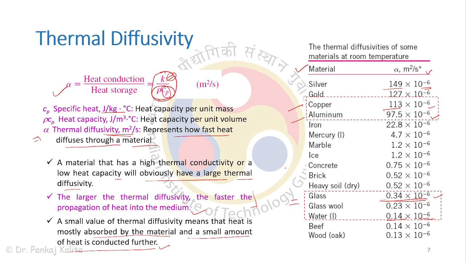So thermal diffusivity tells about how fast heat diffuses through a particular material. The formula for thermal diffusivity is k by rho Cp, where k is your thermal conductivity, rho is your density, and Cp is your specific heat capacity. So basically, the larger the thermal diffusivity, the faster the propagation of heat will be in the medium.